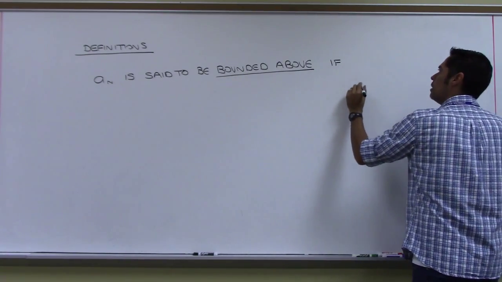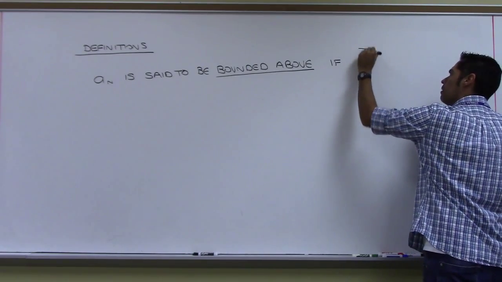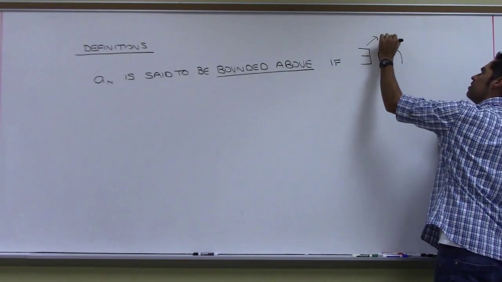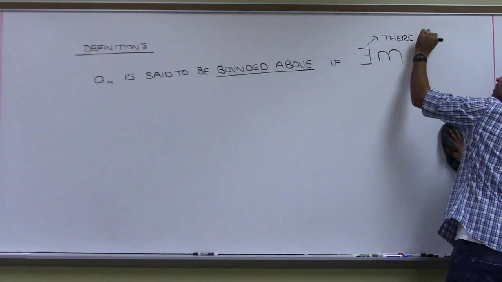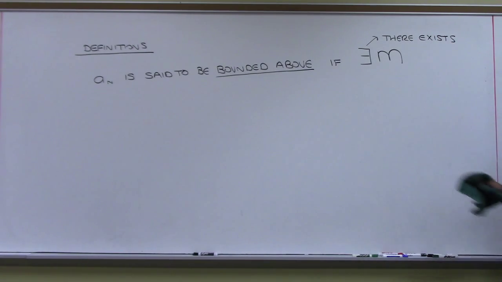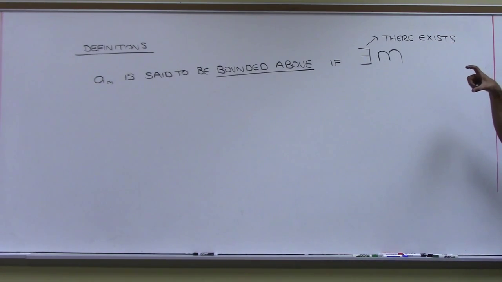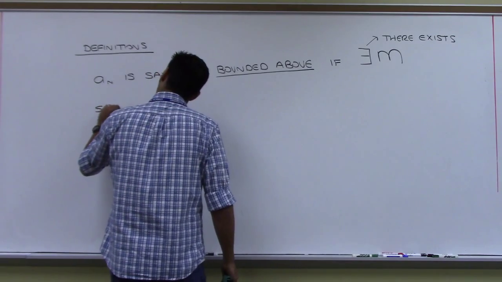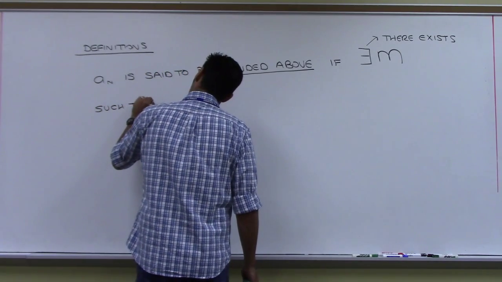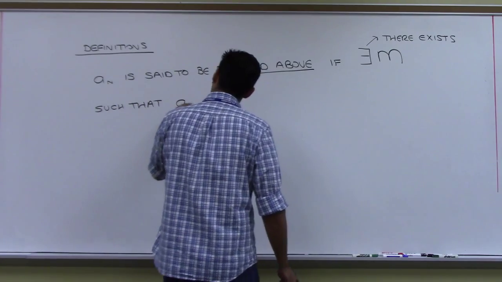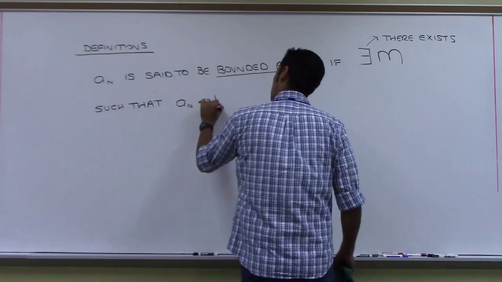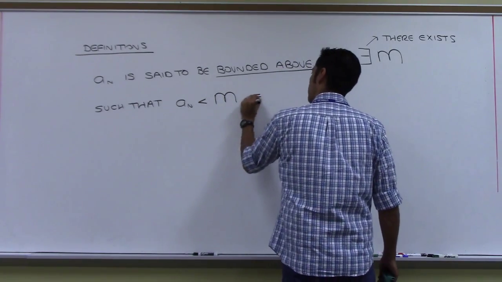If there exists, and this symbol right here, a backwards capital E, means there exists, a capital M such that a sub n is less than or equal to capital M for all n.